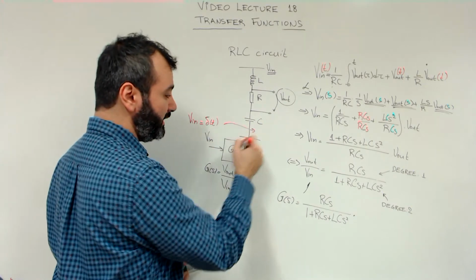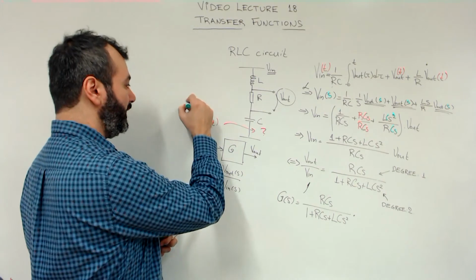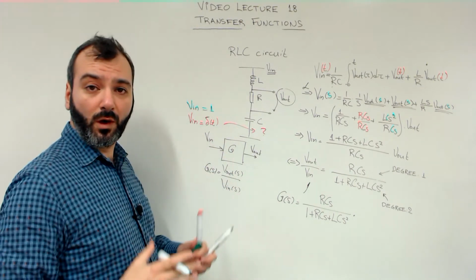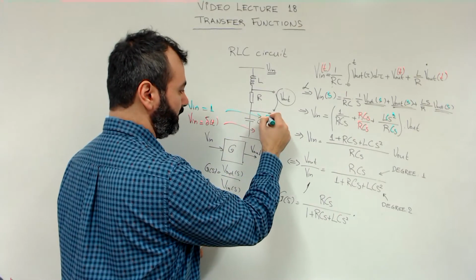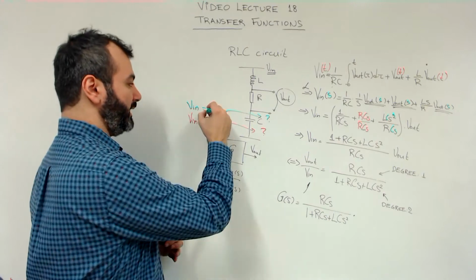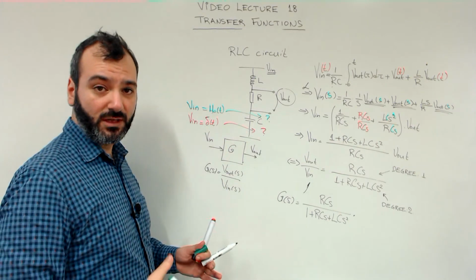So what is then the output? We can ask what happens if the input is equal to 1. What is then the output? 1, by the way, is often written as follows: H_0(t), the Heaviside function at time 0.